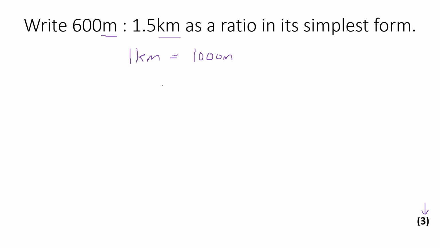So your first mark is going to come from converting both to meters because these will be nicer numbers. Otherwise I'm dealing with decimals, so 1.5, 0.6. Then I'd have to get rid of the decimals to then simplify it.